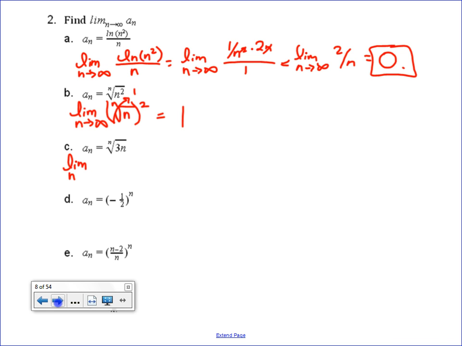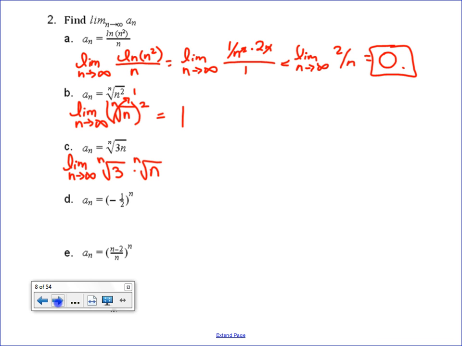How about the next one? How can I use my property? Is this legal? Yeah. Right? I can split up if it's times or dividing. I can't split up adding or subtracting, but I can split up times or dividing.